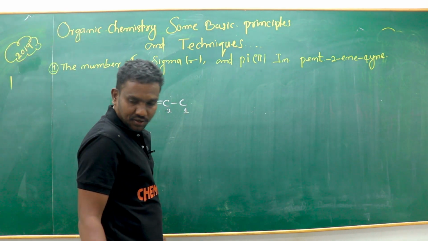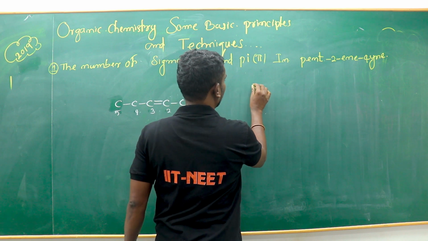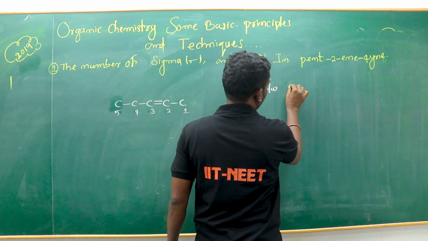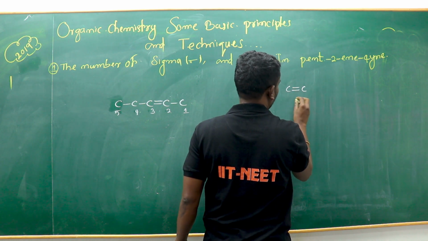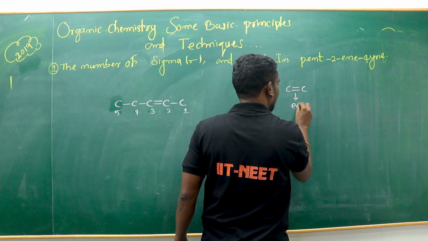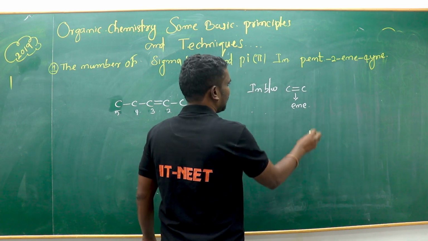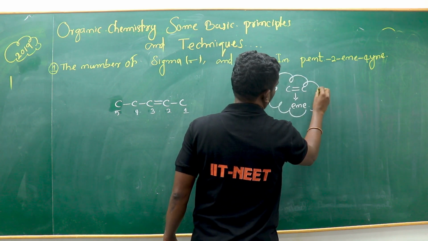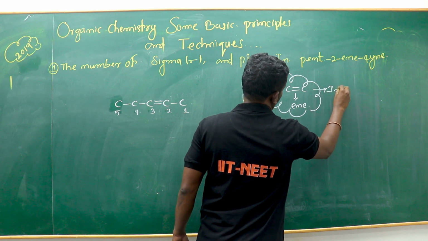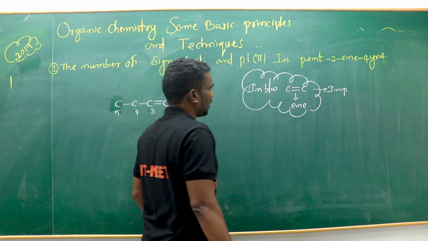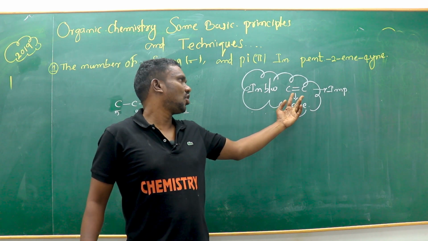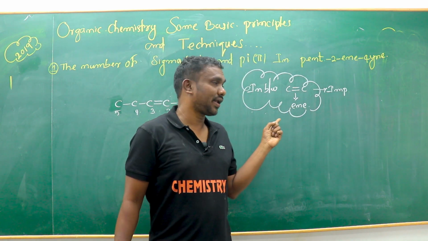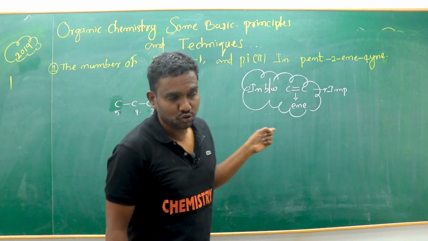En means in between carbon and carbon, a double bond is present. That is called en. Make a note, this is very, very important. In between carbon and carbon, a double bond is present, that is called en. It belongs to the primary suffix.